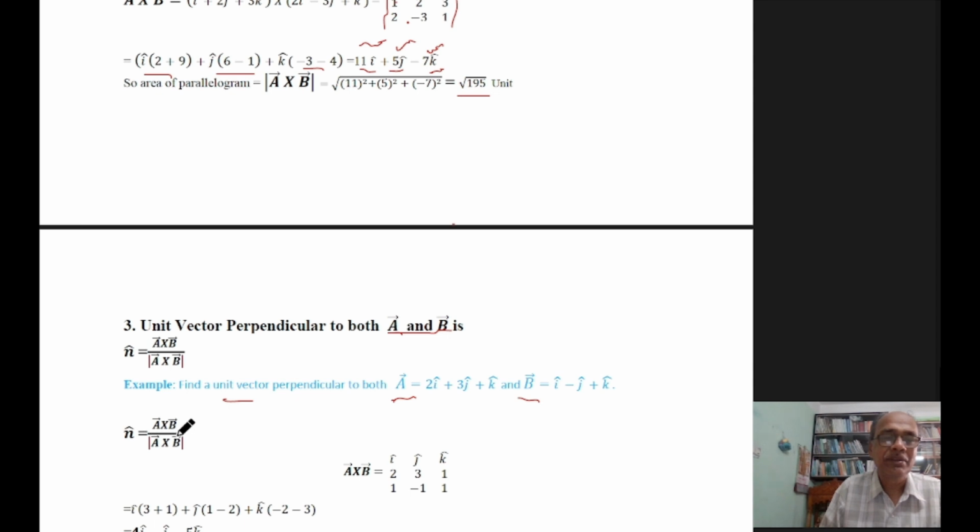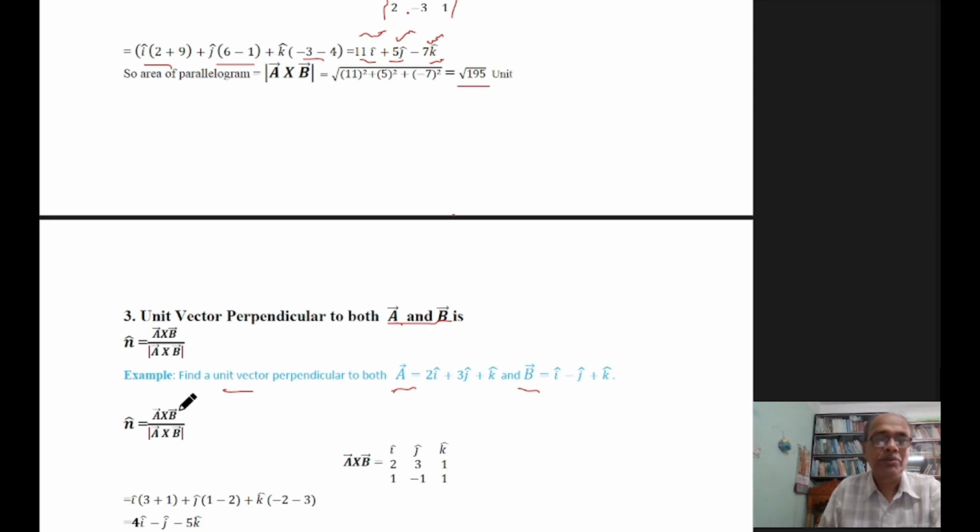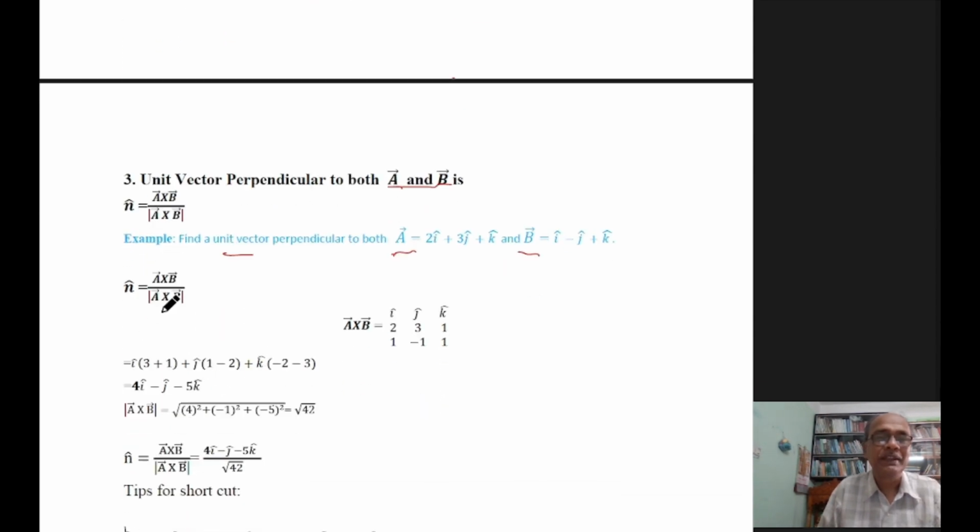So the unit vector equals, first you have to find A cross B, then the magnitude of A cross B. A cross B is the determinant of this: i times 3 minus of minus 1, so 3 plus 1, j this into this, 1 into 1 minus of this into this, 1 minus 2, k this into this minus this into this, so minus 2 minus 3.